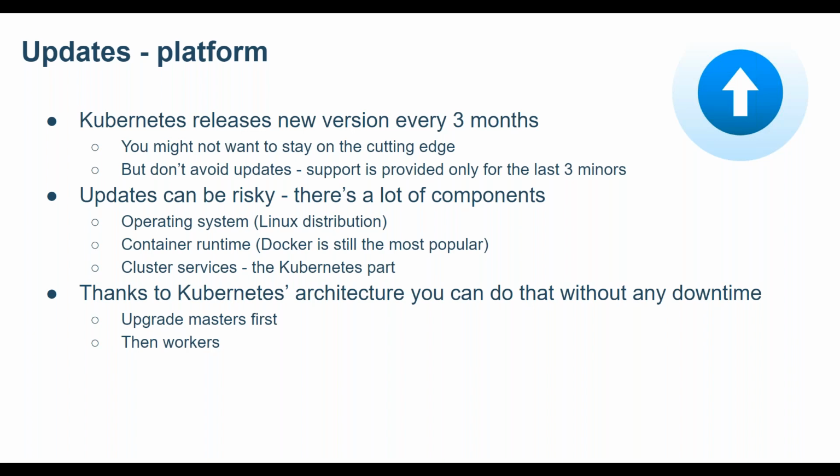The good news is that thanks to the Kubernetes architecture, you can do platform updates without any downtime, which is great. You can upgrade your masters first to the new release, and then one by one or in batch groups, I'll touch on that in a minute, you can update your worker nodes, and you can do all of that without causing any downtime to your application.